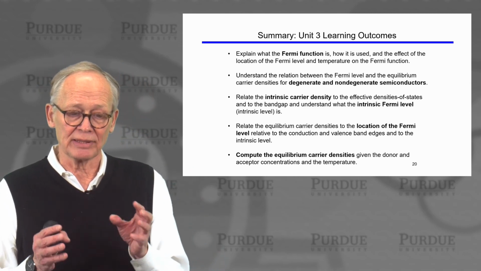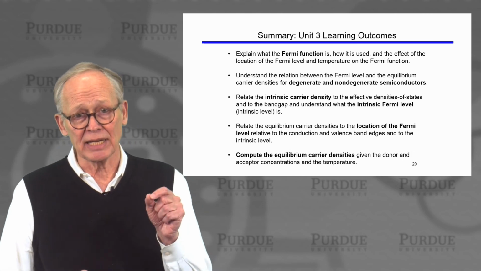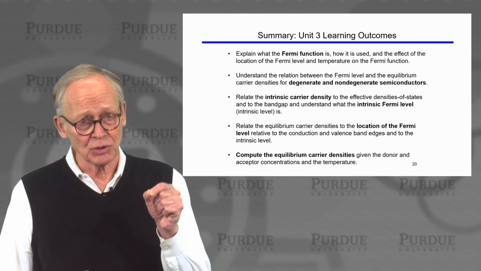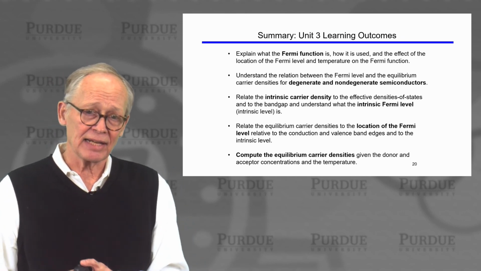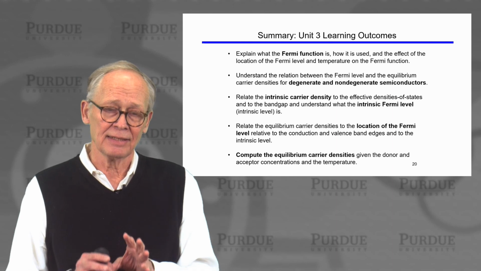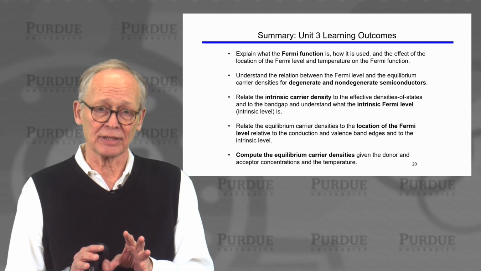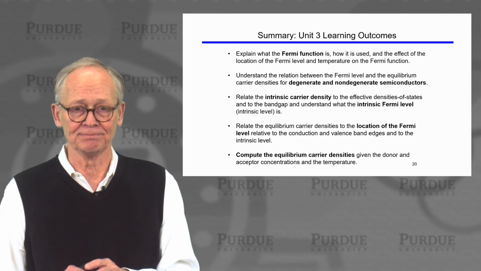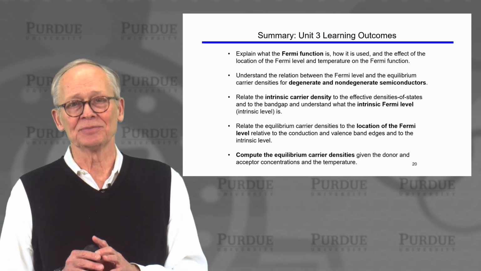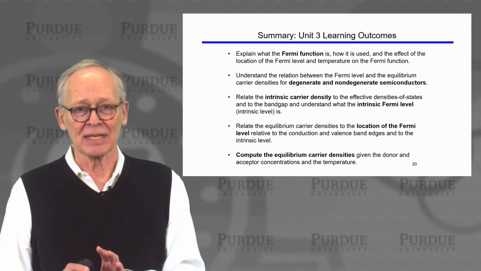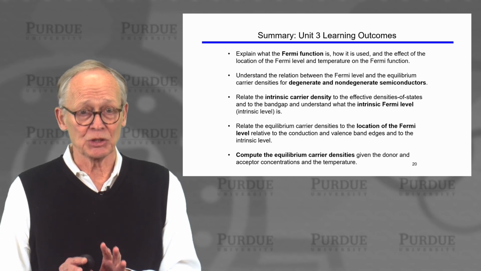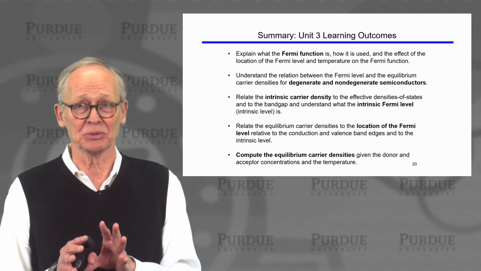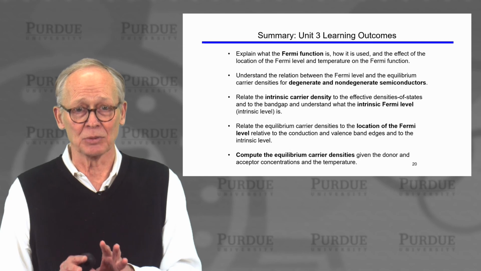You should be able to relate the equilibrium carrier densities to the location of the Fermi level relative to either the band edges or to the intrinsic level. And finally, you should understand how we compute, given a doping density, the electron and hole concentrations versus temperature. If you understand those concepts, you're prepared to move on into Unit 4, in which we will, for the first time, move out of equilibrium and ask what happens to a semiconductor when we leave equilibrium conditions.